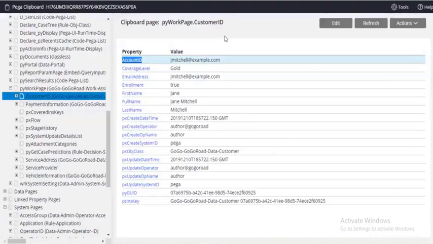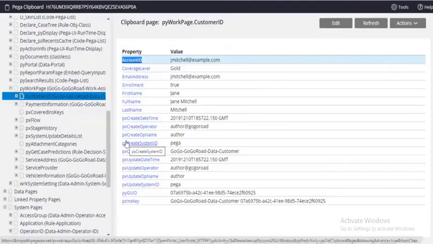So there is no PX, PY, PJ at the start. Here you have some PX properties. These are all Pega-given, defined properties.